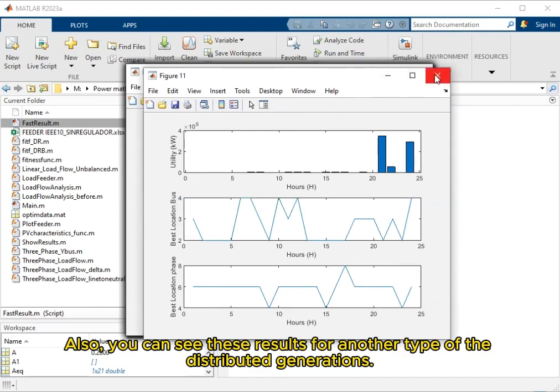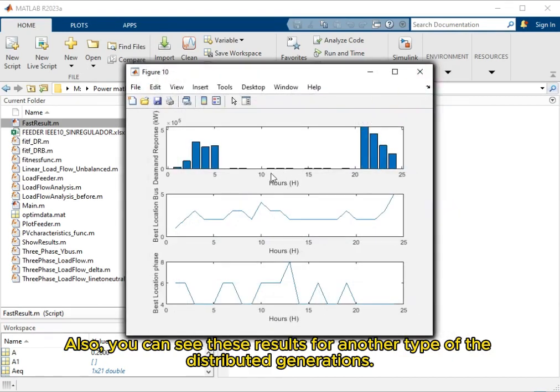Also, you can see these results for another type of the distributed generations.